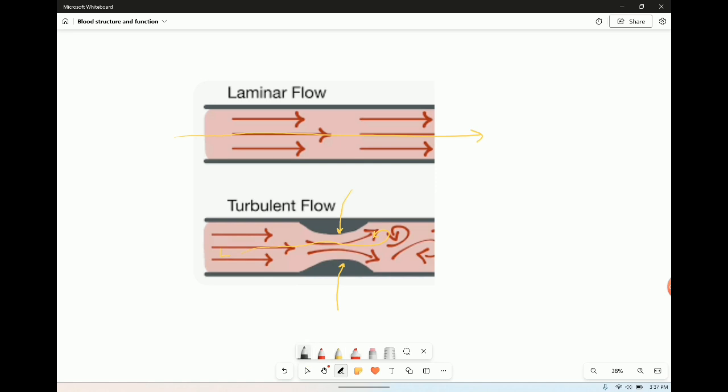And you can hear this. With blood pressure, you are taking a blood pressure cuff and putting it on a person's arm, and you are squeezing down on the brachial artery.